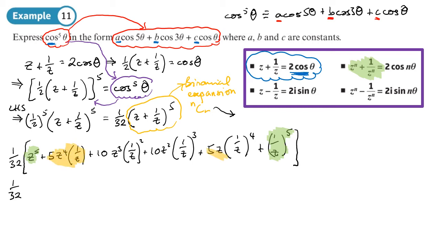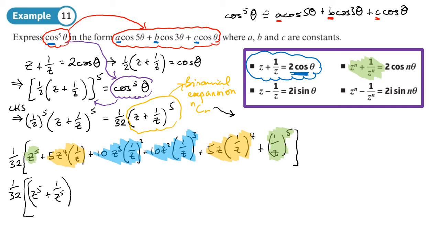That will pair up with that, you'll see it in a moment, and these two will pair up. Right, so let's pair them together. All we're doing is just rearranging it and seeing what we get. That's in a bracket. So we get z to the power 5, then the last term, also in green, will be 1 over z to the power 5.